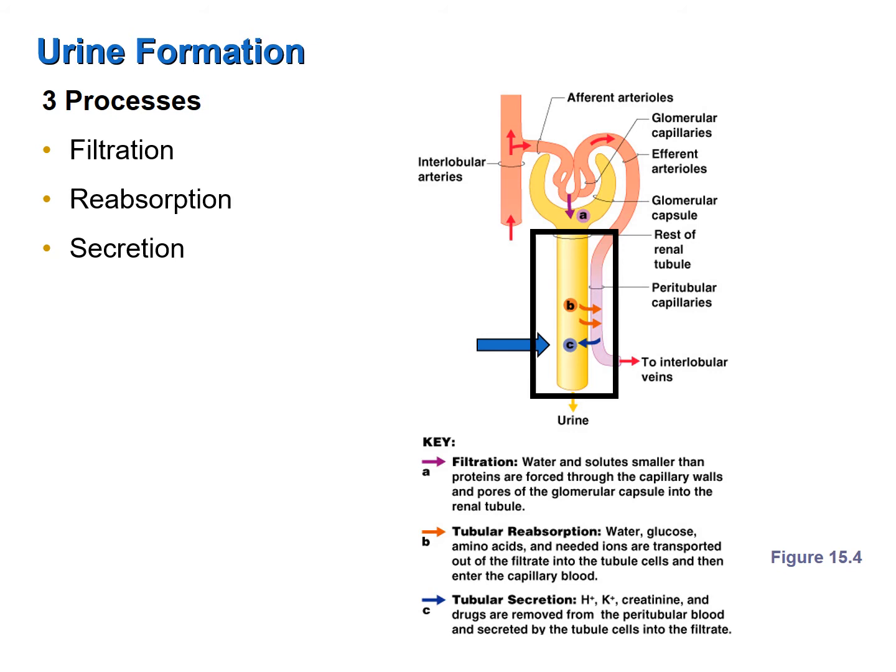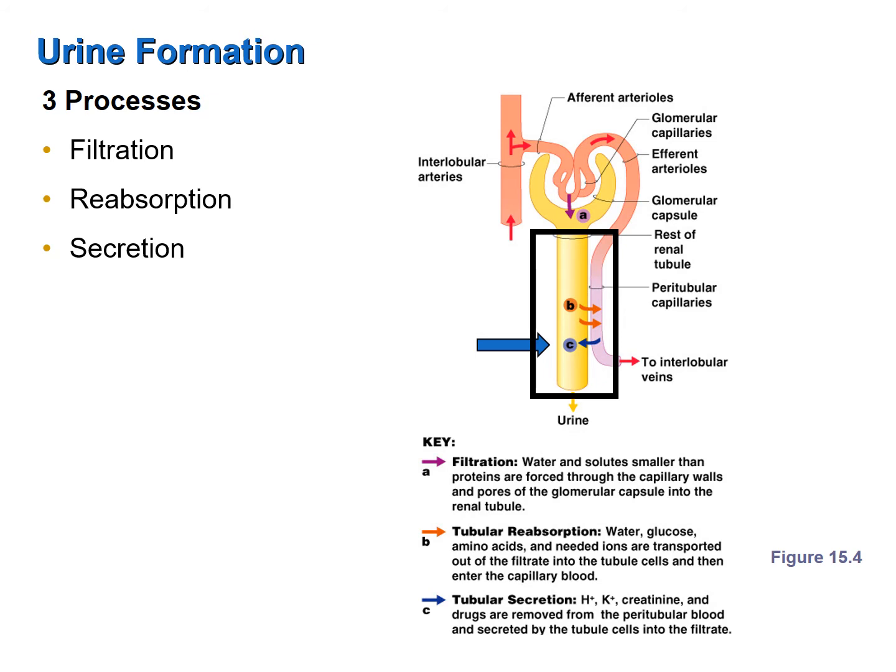It's basically reabsorption in reverse as substances are transported from the blood of the peritubular capillaries into the renal tubule. Substances that the body does not need, such as drugs that have been broken down by the body, excess ions such as hydrogen ions, potassium ions, and waste products such as creatinine are secreted from the peritubular capillaries into the renal tubule.